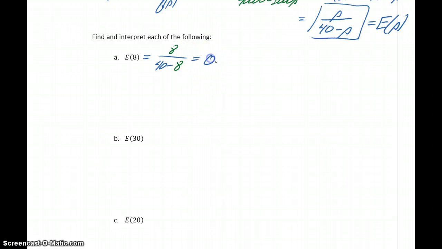Which in this case would give us 0.25. So since our value for elasticity is between 0 and 1, demand is inelastic, which means to increase revenue, we should increase price.